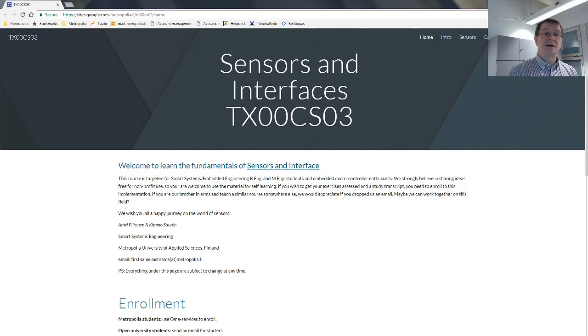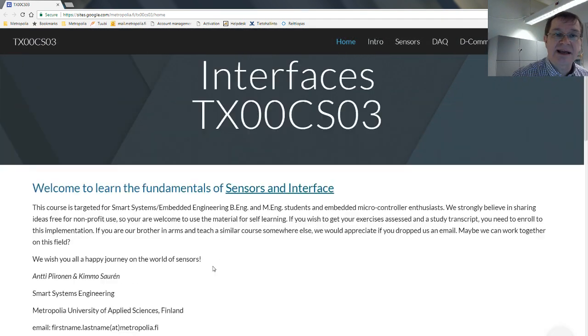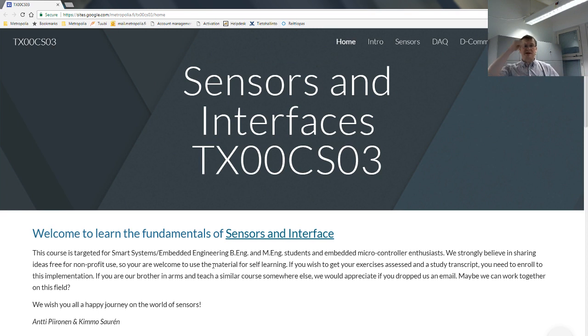This is the Sensors and Interfaces course. As I said, I will be changing this web page according to that plan sometime this week, not today.